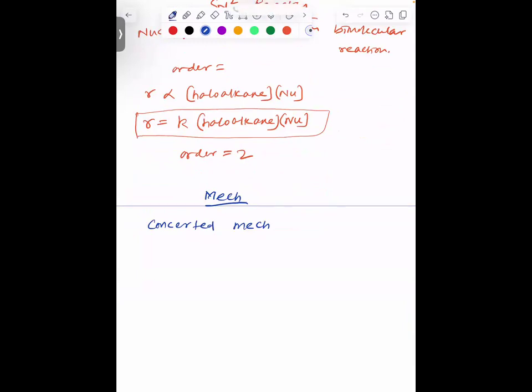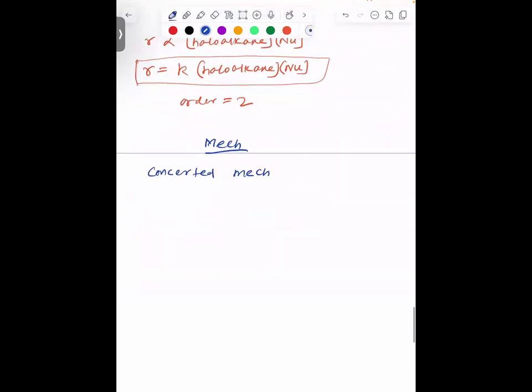The concerted mechanism is that in which bond formation and dissociation both take place simultaneously. Okay, so that is the meaning of the concerted mechanism.